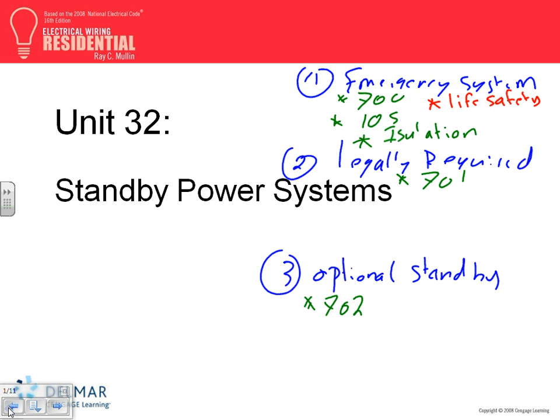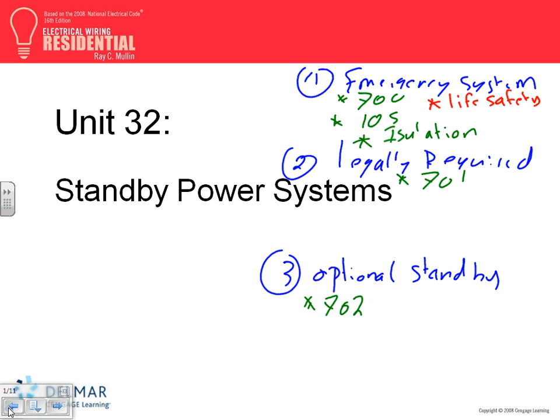In the hospital patient bed area, they have dedicated receptacles that will be energized within 10 seconds in case of a power failure. Most of the time we only talk about lights. In hospitals, they add receptacles and heating and cooling for the operating room and so forth.